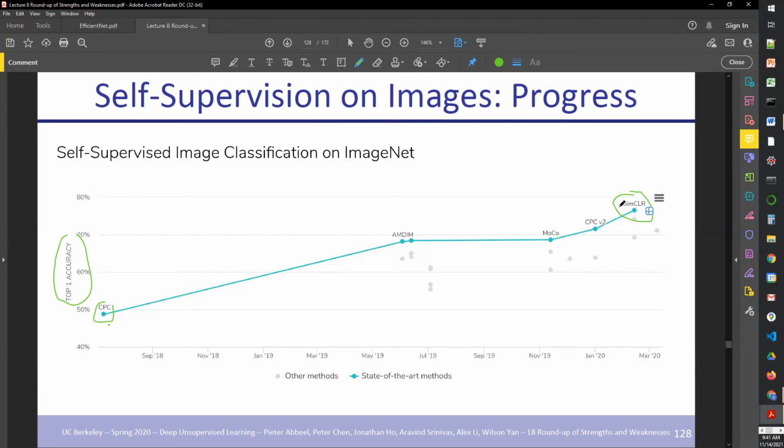MoCo V3 is at about 81%. DINO, which I think R2, maybe you worked on or looked at, you posted some reference to the paper, is about 80.9. SimCLR version 2, which we touched on in the class itself, is at 80.9 as well.